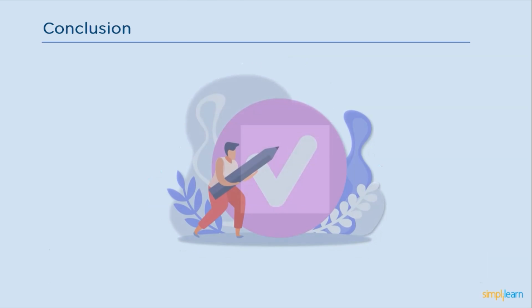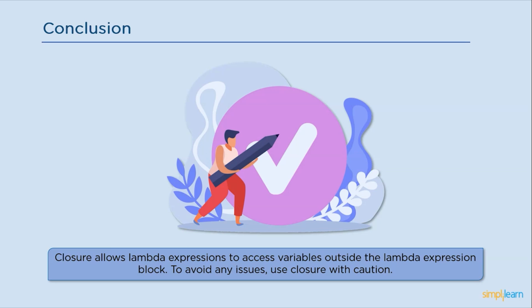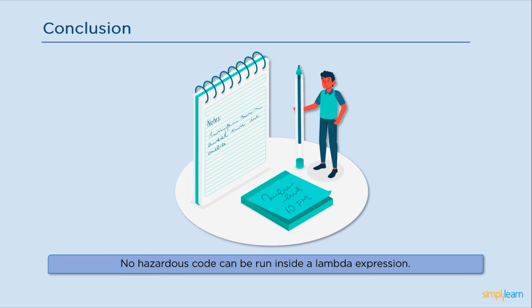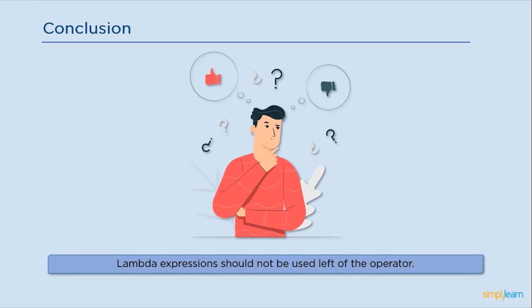A feature called closure allows lambda expressions to access variables that are available outside of lambda expression block. The closure should be used with caution to avoid problems. Any hazardous code cannot be executed within a lambda expression. Lambda expressions should not be utilized on the left side of the operator.